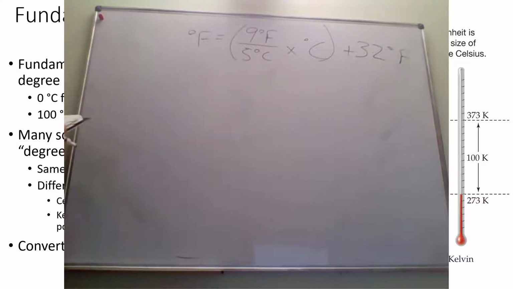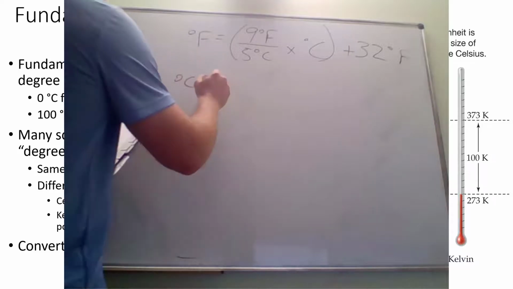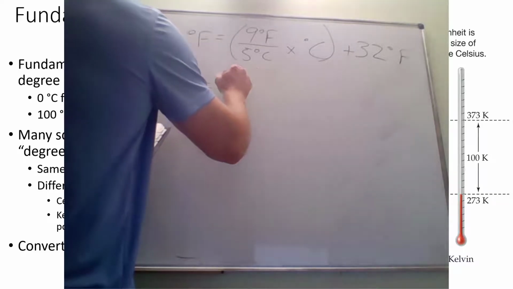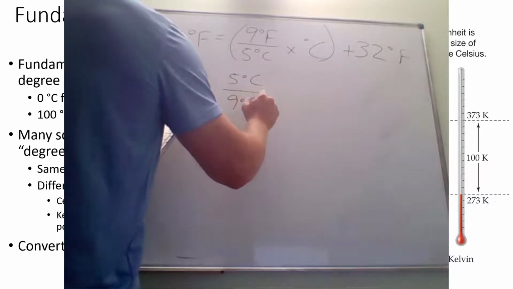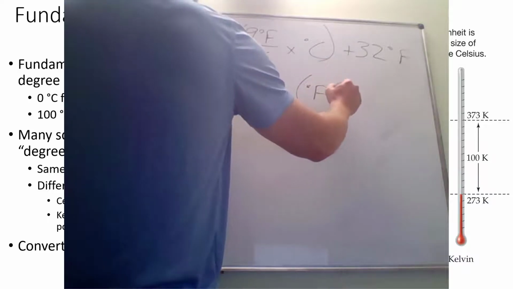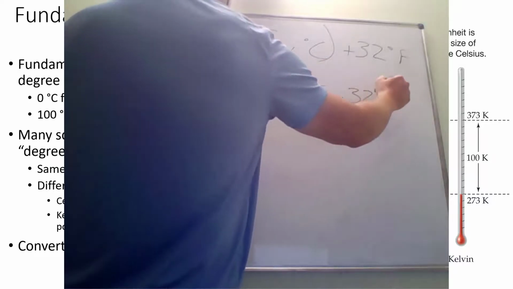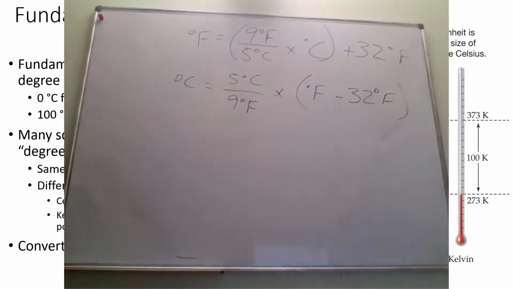You could rewrite this to talk about conversion of Fahrenheit to Celsius by saying that the degrees Celsius is equal to 5 degrees Celsius over 9 degrees Fahrenheit times the degrees Fahrenheit minus 32 degrees Fahrenheit. So these are known as conversion factors between two different units. And we'll talk more about conversion factors in a little bit.